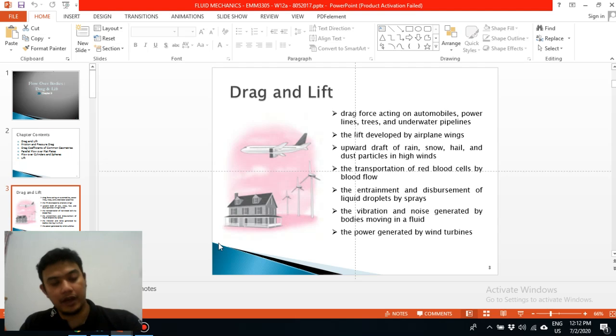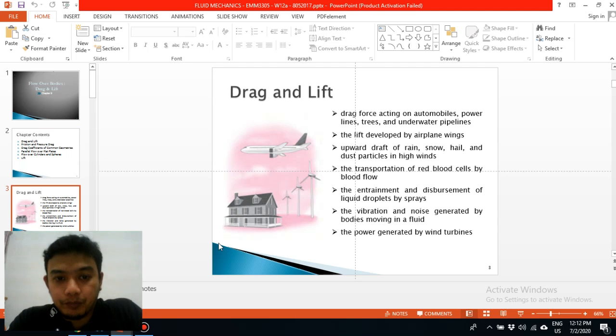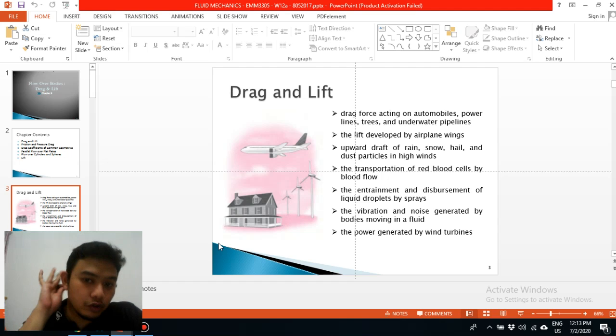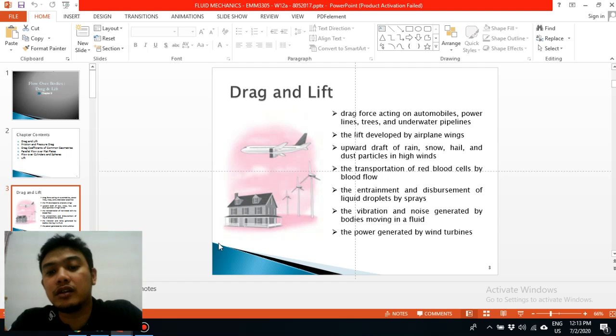What is lift and drag? Drag force acts on automobiles, power lines, trees and underwater pipelines, and lift is mostly developed by airplane wings. The transportation of red blood cells is also related to the drag of blood flow.